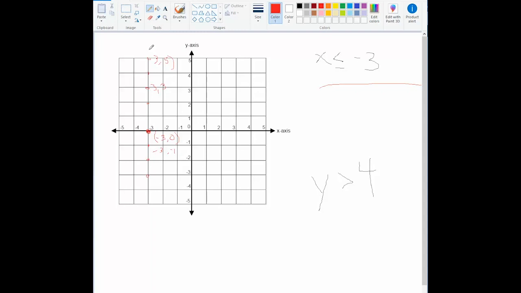But the same rules kind of apply. We have a less than or equal to. Because it's or equal to, we know immediately that we can create a solid line. And then since it's less than, which side of this line do you feel you would shade?